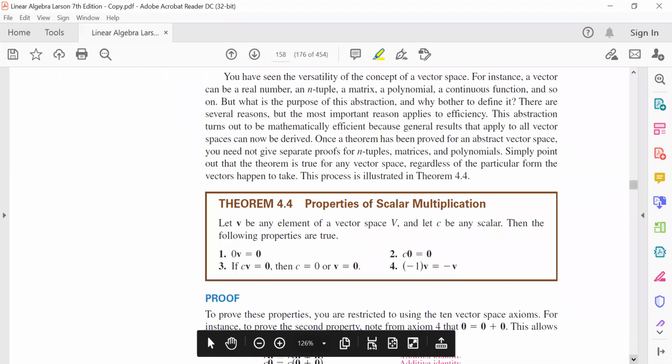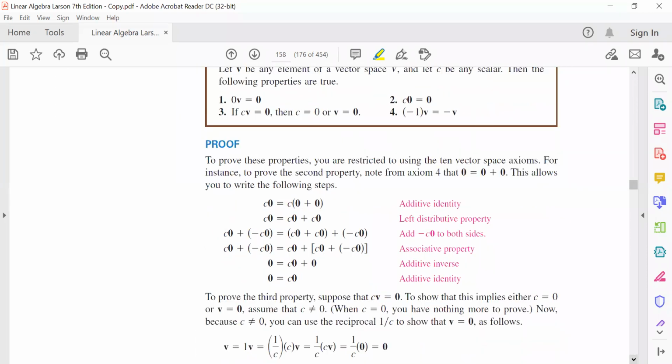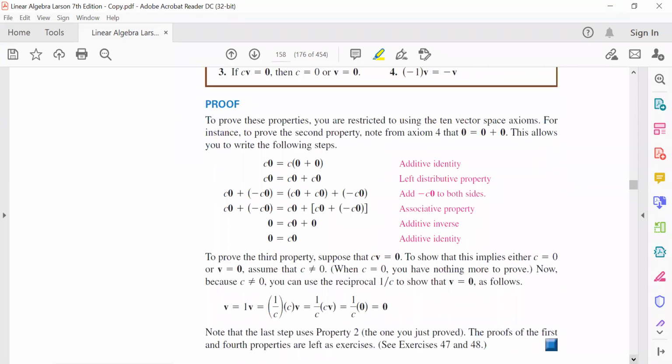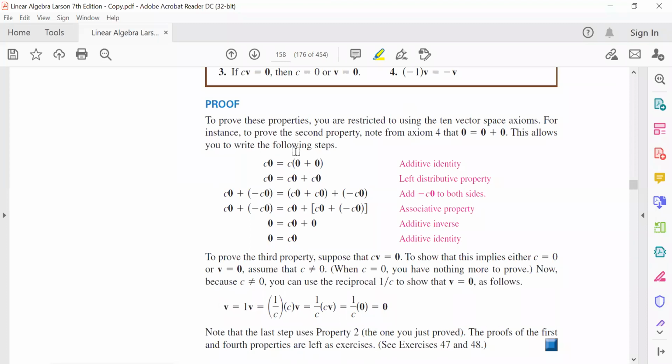Let's just take a look over here, and to prove these, let's give an example of some proofs. To prove C times the 0 vector: the 0 vector is equal to 0 plus 0. So C times the 0 vector is C times (0 plus 0), which is C0 plus C0.